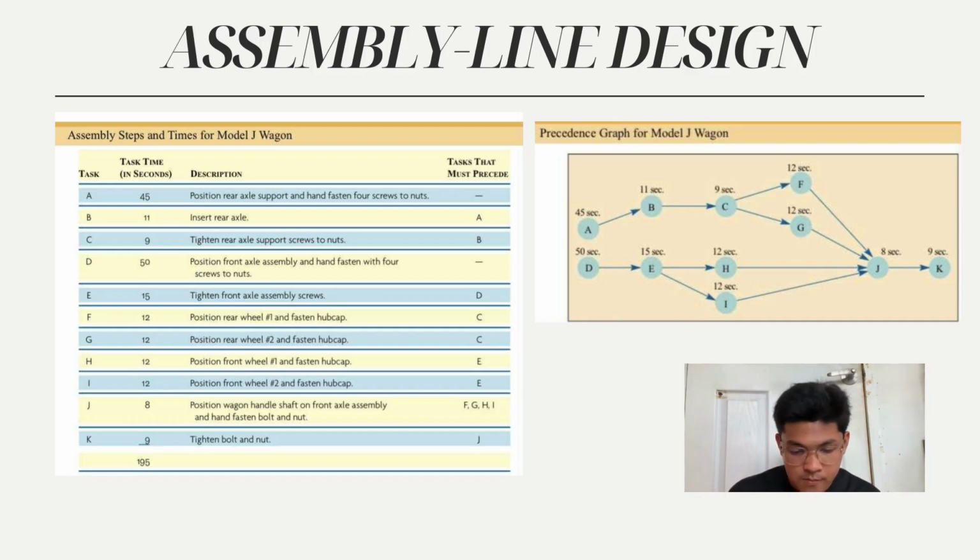F is position rear wheel 1 and fasten hub cap. G is position rear wheel 2 and fasten hub cap. H is position front wheel 1 and fasten hub cap. I is position front wheel 2 and fasten hub cap. J is position wagon handle shaft and front axle assembly and hand fasten bolt and nuts. And K is tighten bolt and nuts.